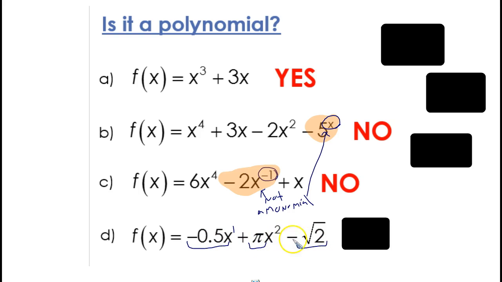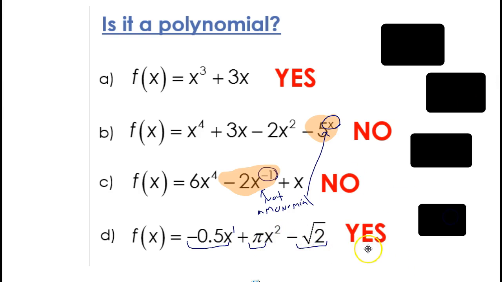All three of these numbers are real, and since they're real, we get yes, this is a polynomial. So big clues that it's not a polynomial are exponents that are either negative or variables. Also, we could not use exponents that are fractions. It has to be a whole number exponent.